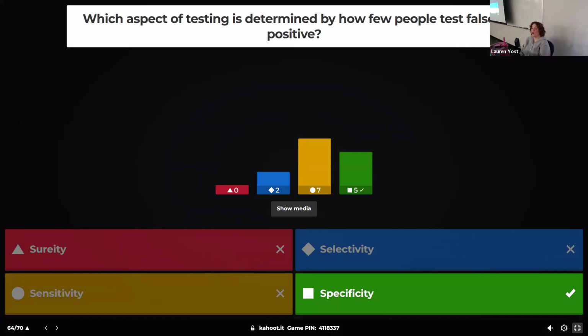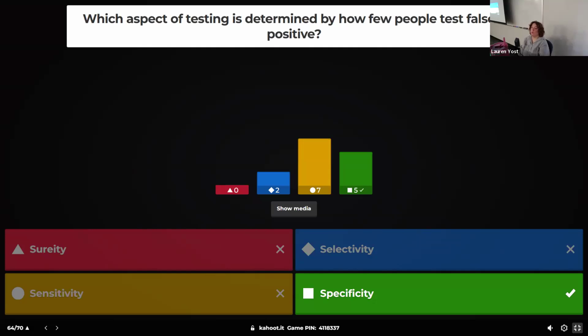If I ask you which aspect of testing is determined by how few people test falsely negative, that would be sensitivity. If we're talking about false positives, that's specificity. And the exam question will not say the words false positive or false negative. It's going to give you a scenario, and you're going to have to infer what a false positive and a false negative is. Does anybody need me to cover that in much more detail before we move on?